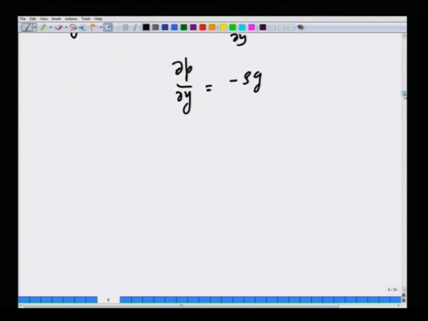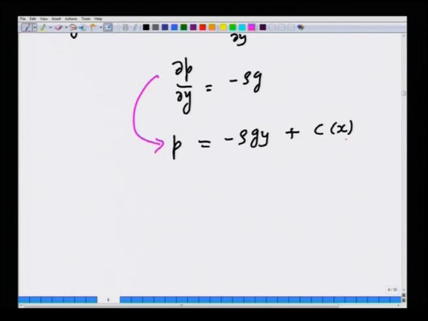So, this is a partial differential equation. If I integrate partially with respect to y, I will get minus rho g y plus a constant, which is in general a function of x, because this is consistent with this equation. If I take the partial derivative with respect to y, the partial derivative of this constant will become 0, because this is a partial derivative. So, you will get minus rho g.